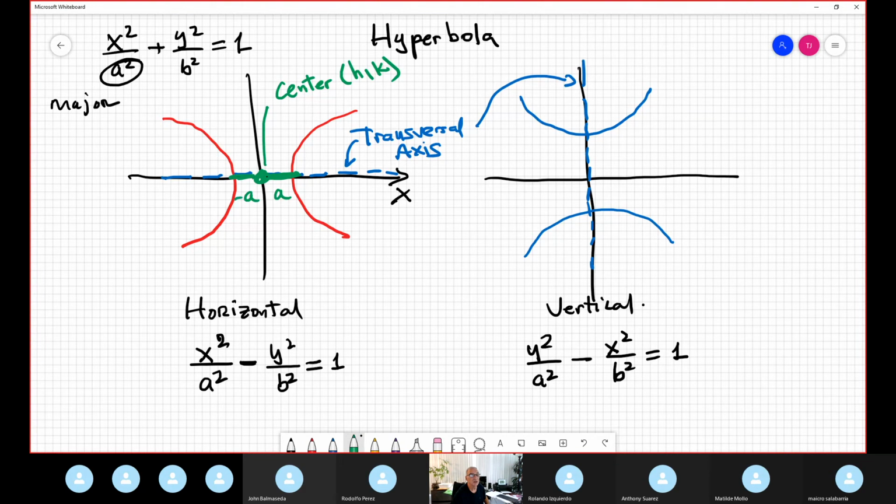So it's A and negative A. So if this point is 0,0, this point would be A, 0, and this point is negative A, 0. And these points, let me use another color, are the vertices, in plural, two vertices.